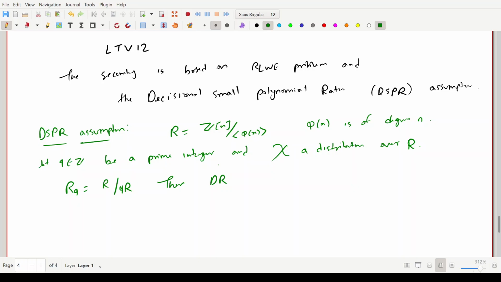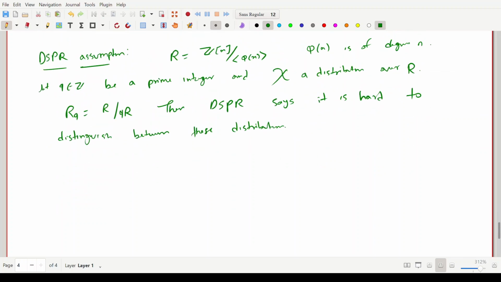DSPR says that it is hard to distinguish between these two distributions. What are these distributions?